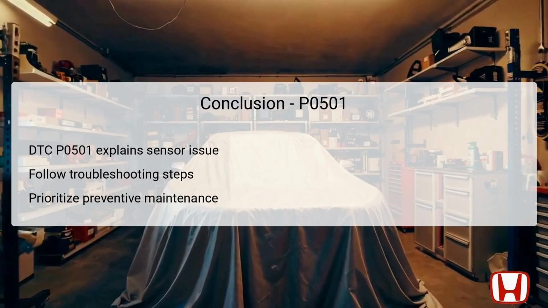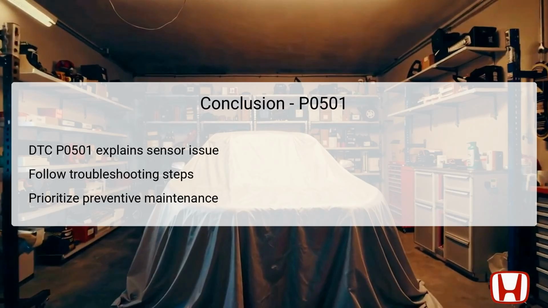Identifying whether the issue stems from poor connections, loose terminals, or a faulty sensor itself is critical for timely repairs. Additionally, incorporating preventive maintenance practices not only helps to avoid future occurrences of this DTC, but also contributes to improved overall vehicle performance and reliability.